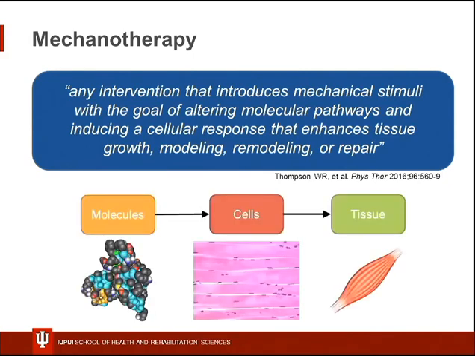And it's really to tie in, so instead of just saying mechanotransduction, what is mechanotransduction? And we're going to talk about that in the next few. It's going from molecules to cells to tissue.